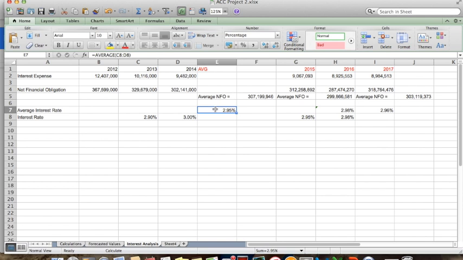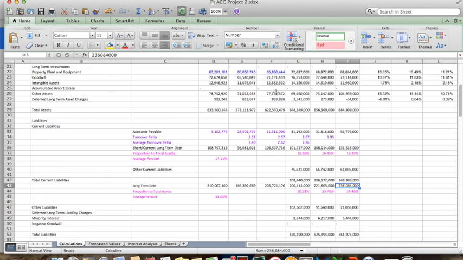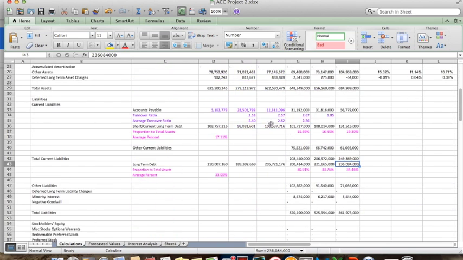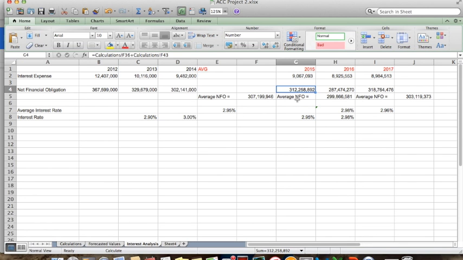Once you have found the average interest rate, you have to find the forecasted net financial obligation, which is this number right here, which you find by taking the first year's forecasted short-term debt and long-term debt. So 2015 is our first forecasted year. Scroll down to the short-term debt, add that number to the long-term debt, and that gives you 312 million, which is this number right here.